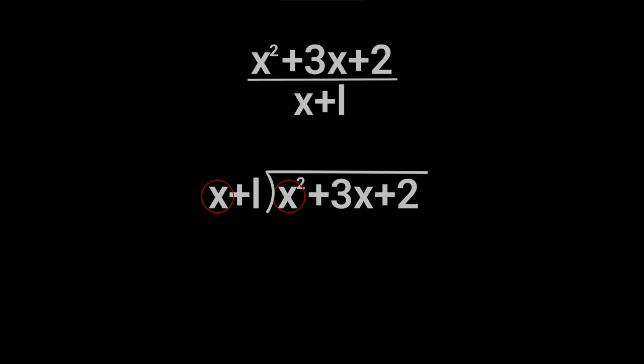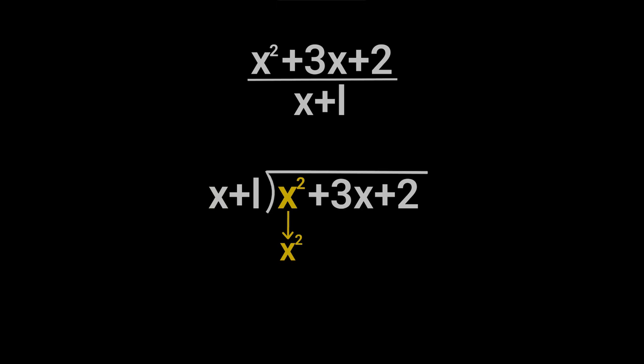So the leading term of the divisor, how many times will that go into x squared? To know that, we're gonna take the x squared and divide that by x.